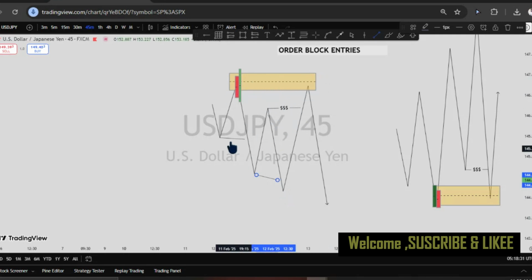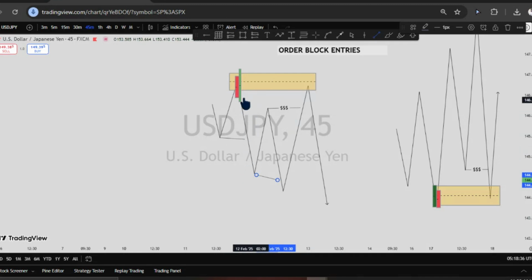The first break of structure might form another block. So the second break of structure will be serving as our inducement, and the price will be coming back to sweep this second break of structure and also tap into the first break of structure. So this is how I illustrated it.